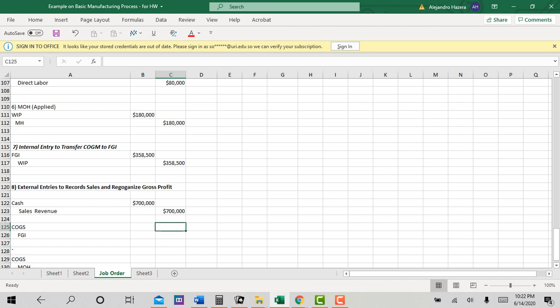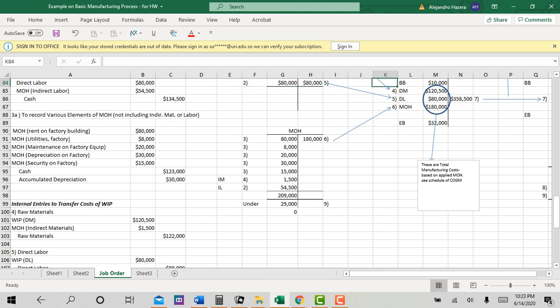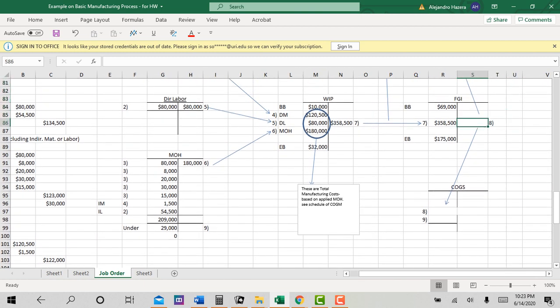Then our cost of goods sold is going to be, we're going to actually work backwards through the finished goods inventory account to get our cost of goods sold. Our cost of goods sold is going to be transferred from finished goods inventory down to cost of goods sold right here.